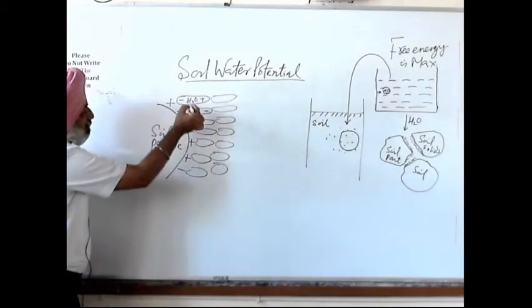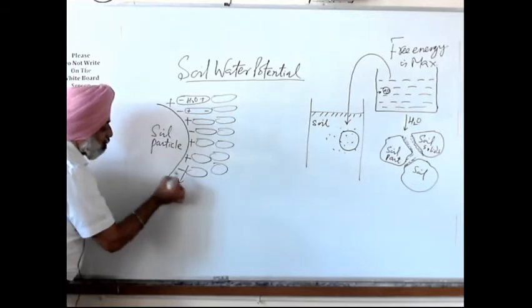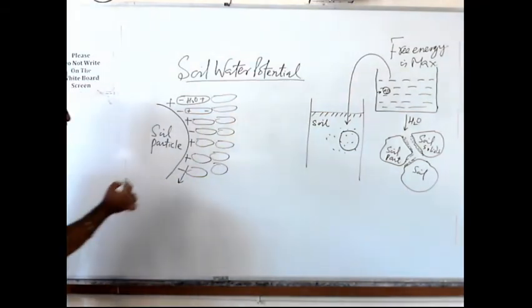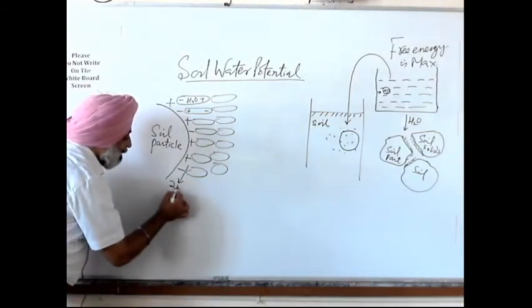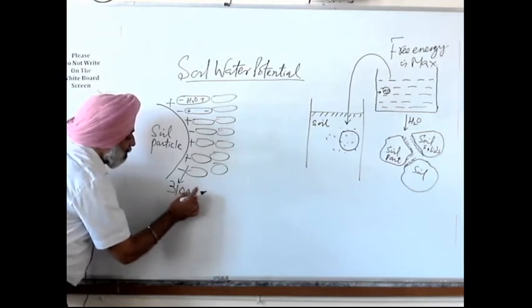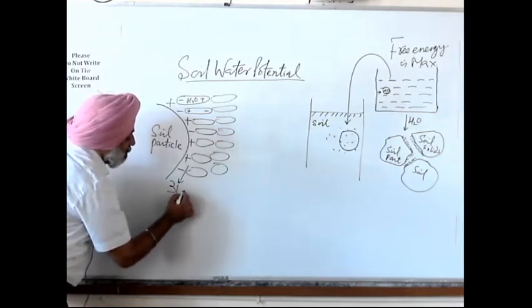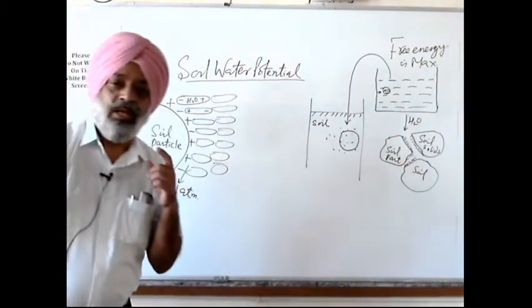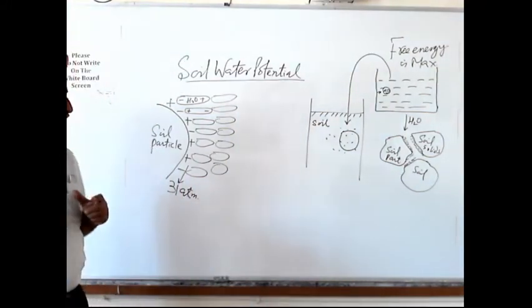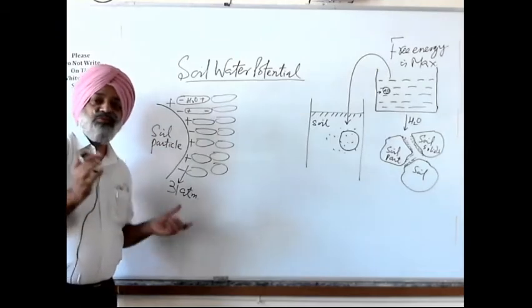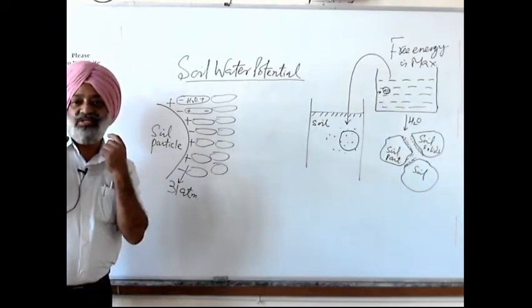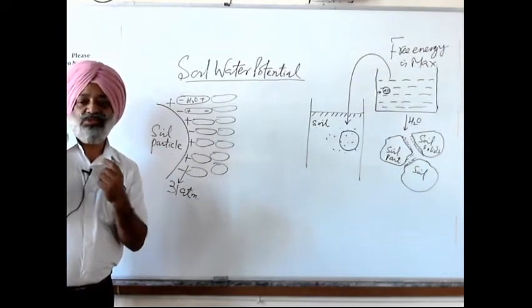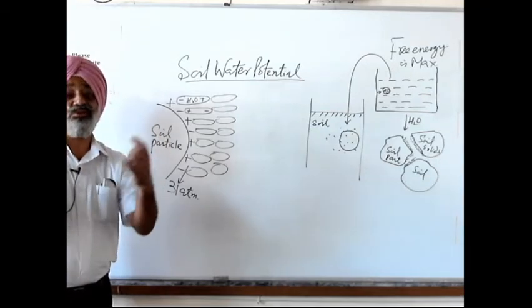Likewise, this first layer is attracted by the soil solids with a force as high as 31 atmospheres. And you know that atmospheric pressure is 1 atmosphere, and that pressure is enough to keep blood in our veins. If atmospheric pressure reduces, the blood in your veins tries to come out.